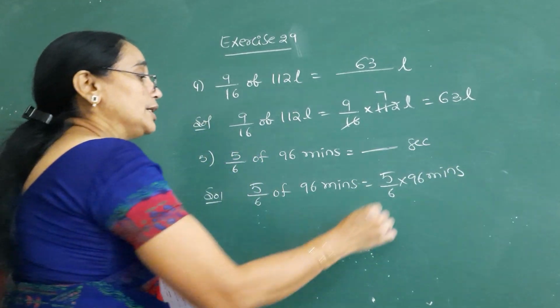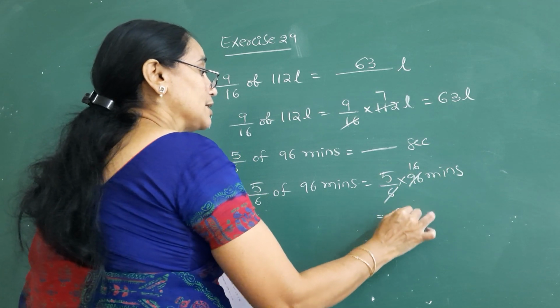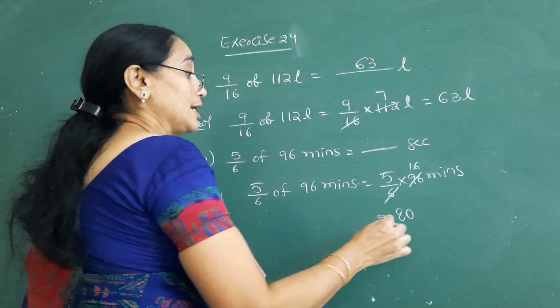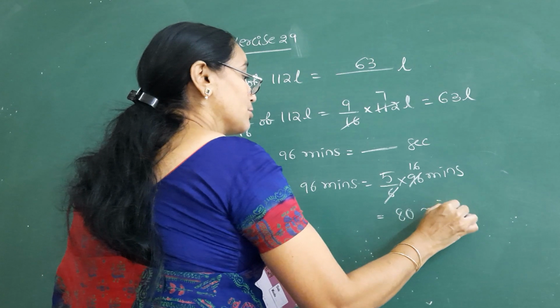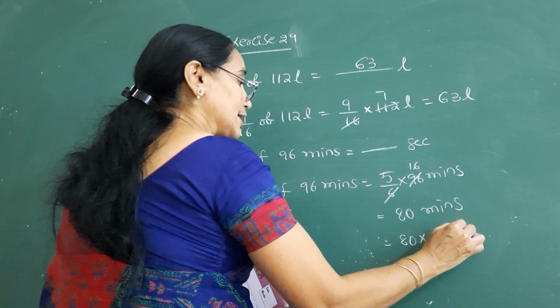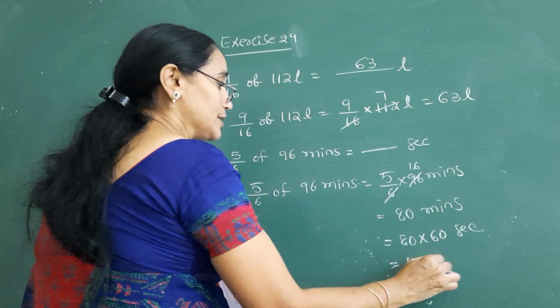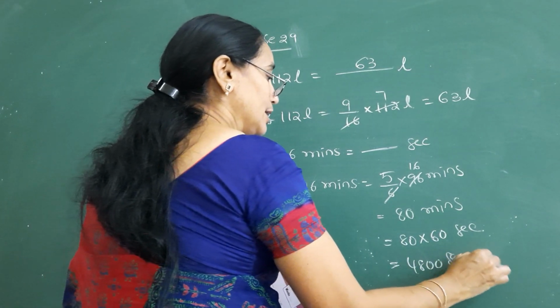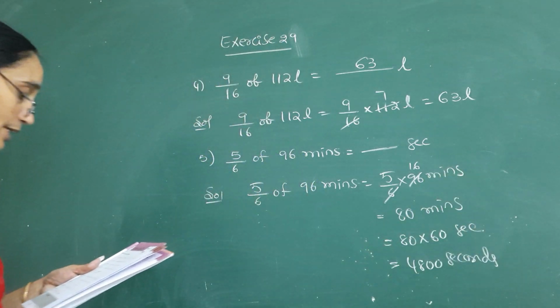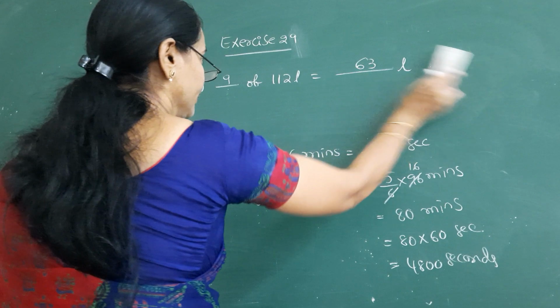Okay, how many times does 6 go? 16 times. 5 sixteens are 80 minutes. But here the question is in seconds. 1 minute equals 60 seconds. So multiply with 60. That is 4800 seconds. Okay? Next, sixth problem.